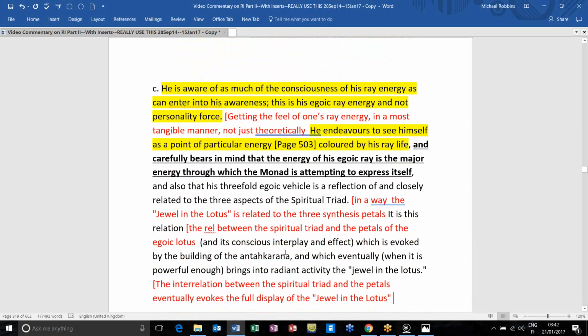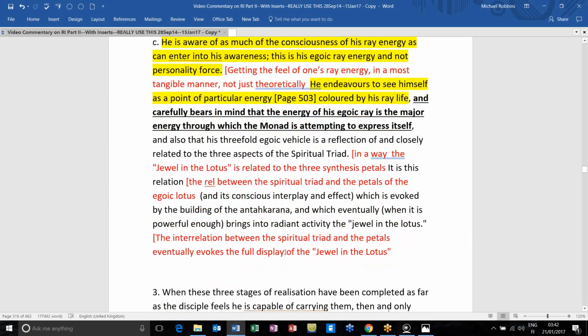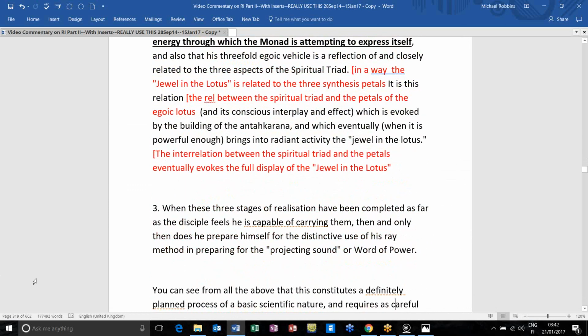That he is a center of a certain ray life, and now the third.